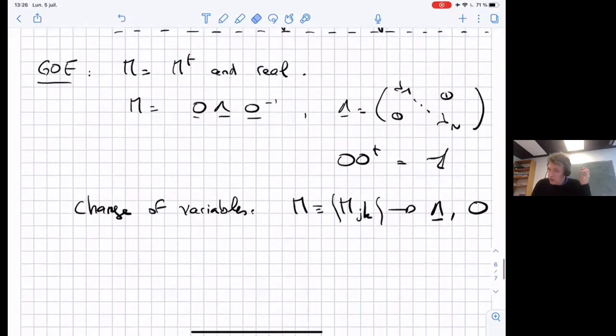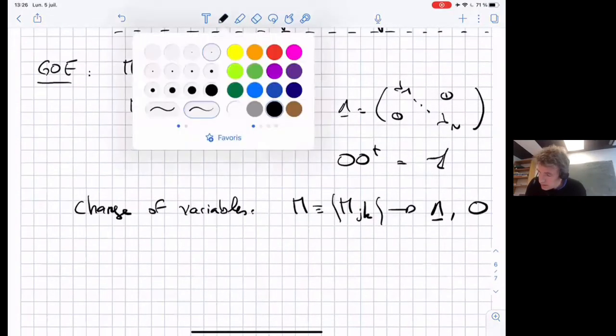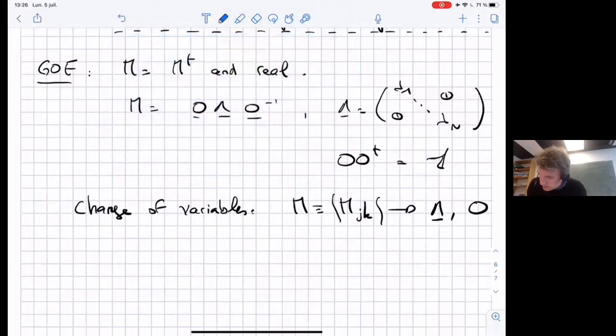Maybe one thing that is quite useful to write here is that it's clear that this lambda encodes the eigenvalues, and the O there encodes the eigenvectors.